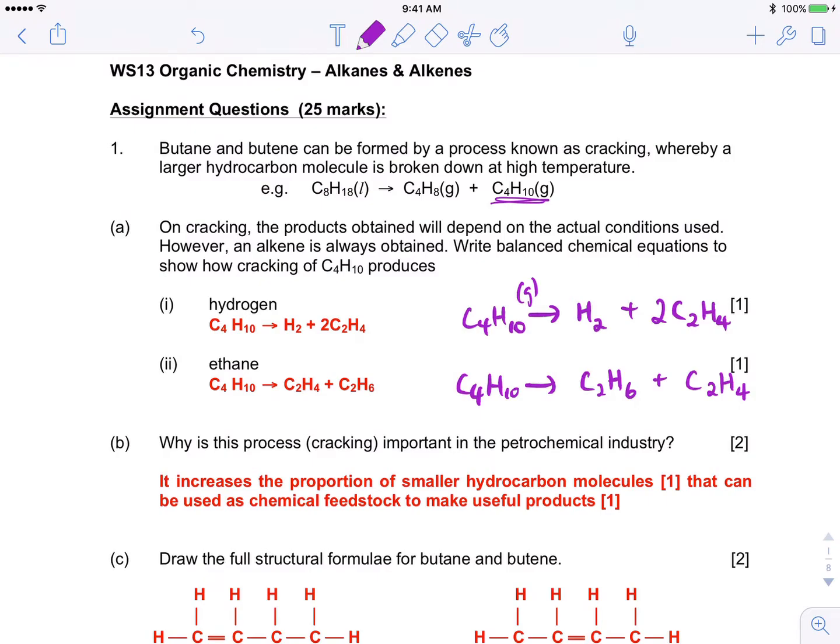For this kind of cracking question, make sure that your products, the sum of the carbons and the sum of the hydrogens, give back your initial alkane. Again, an alkane can become alkane plus alkene.